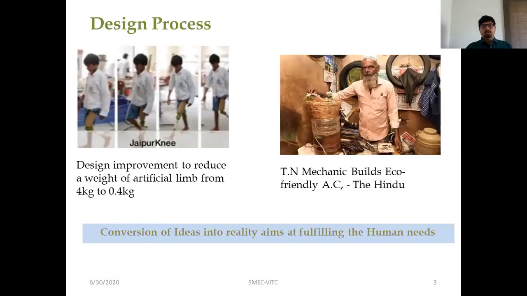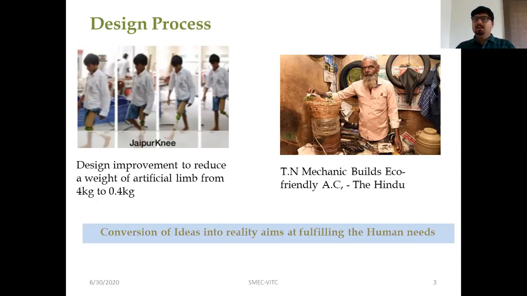Here you could see two very good achievements done by designers. We could see here the Jaipur Knee, a design improvement to reduce the weight of an artificial limb from 4 kg to 0.4 kg. Initially, when this supporting equipment came into the market to support physically handicapped people, it was weighing around 4 kg.